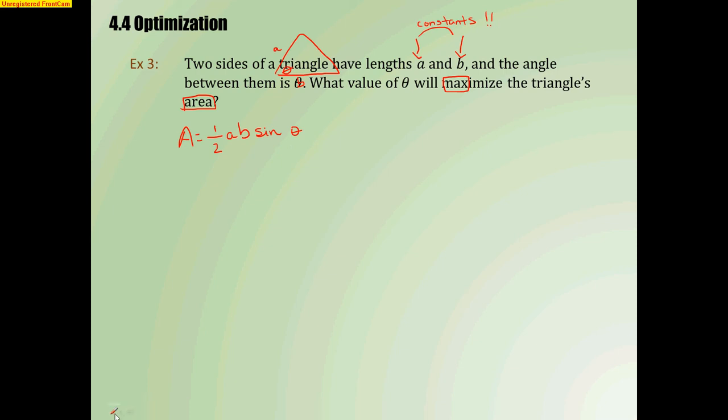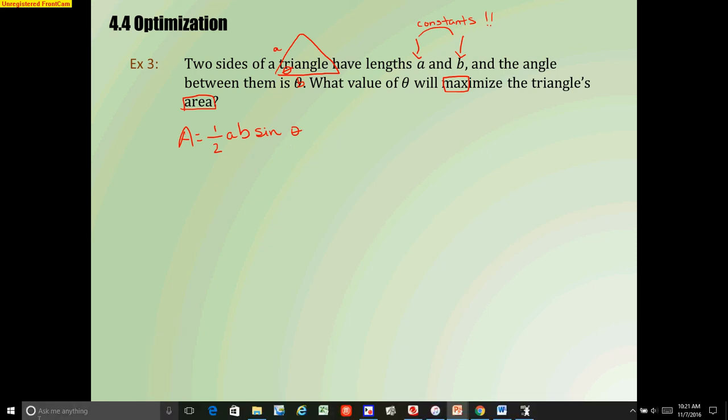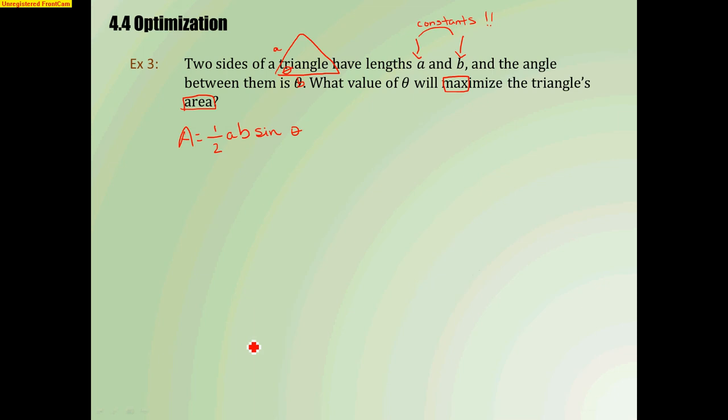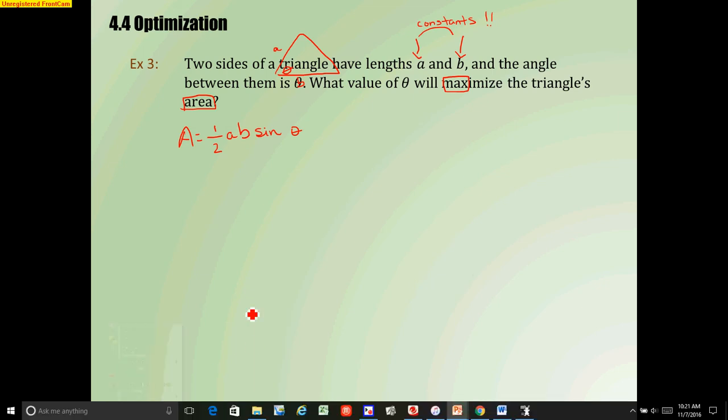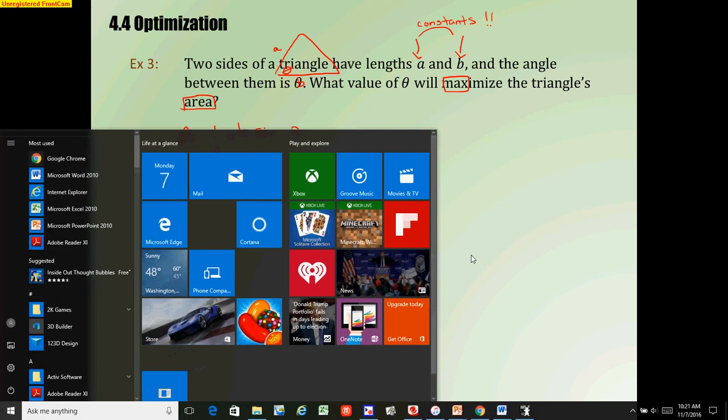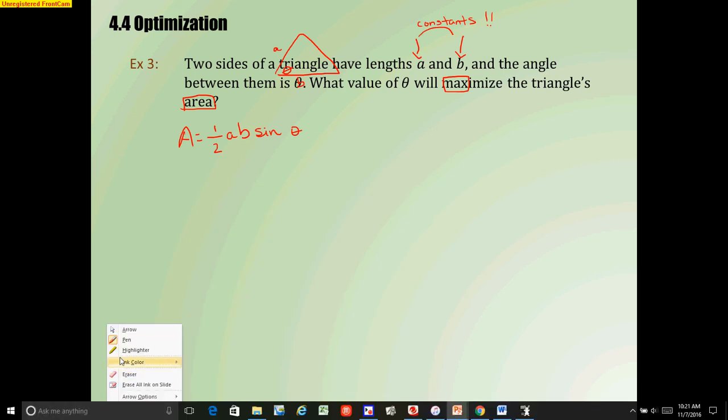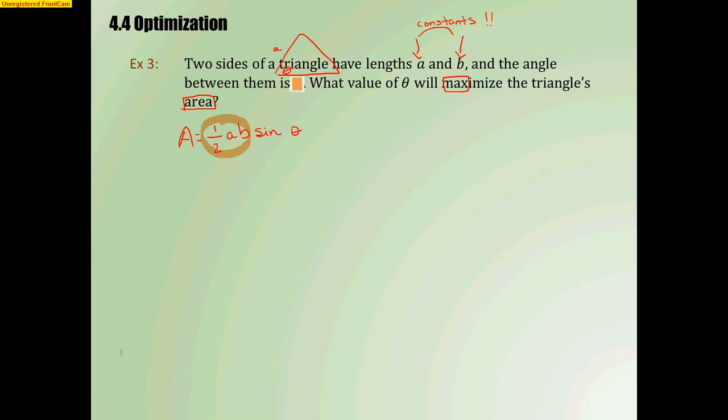Now remember, this is not going to take the product rule because that's all a constant. So pretend A was 7 and B was 15, right? The area is 7 times 15 times 1/2, then times sine of theta. Theta is going to change, but not A and B.